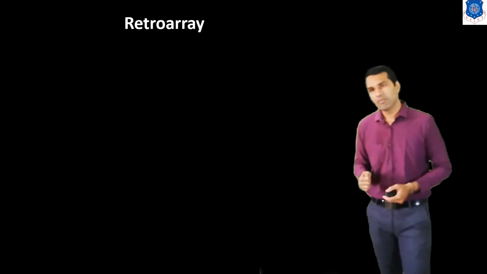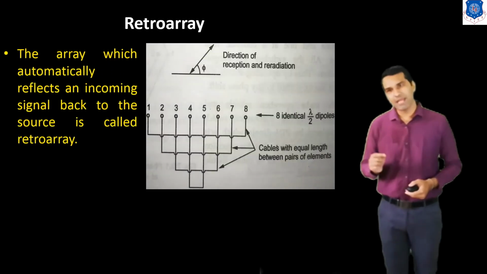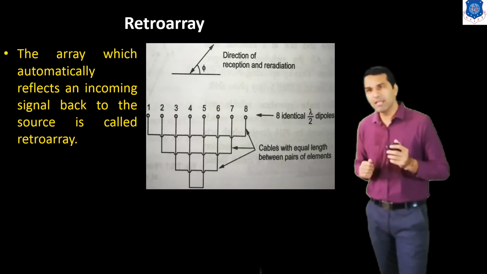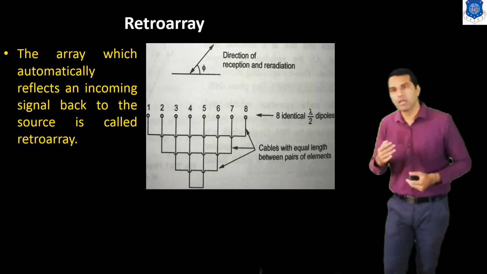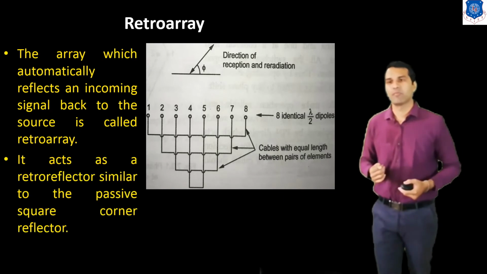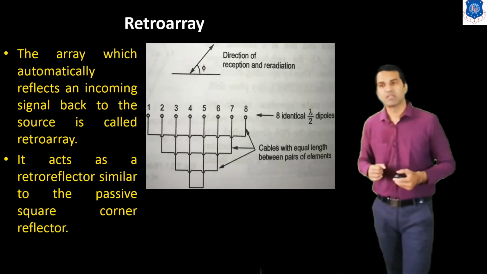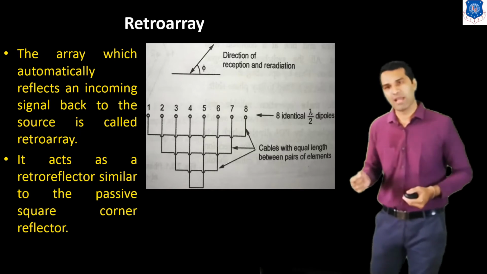Now the second type, the retro array. The array which automatically reflects an incoming signal back to the source is called a retro array. It acts as a retro reflector, similar to the passive square corner reflector.